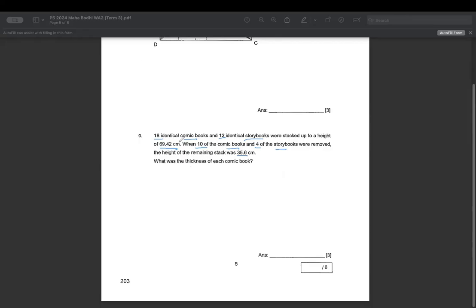Let me find out what is left after you remove the 10 and the 4. To find what is left, you simply take 18 minus 10, which leaves you with 8 comic books. 12 take away 4 also leaves you with 8 storybooks. Let me write that down. 8 comic books plus 8 storybooks will be 35.6.